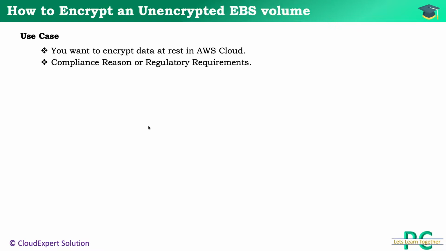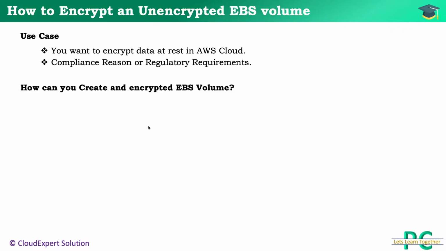Or you might have a compliance or regulatory requirement, like PCI DSS, or payment card industry requirement, where you have to encrypt all the data in transit and at rest. So this could be the use case where you have to encrypt your EBS volumes.